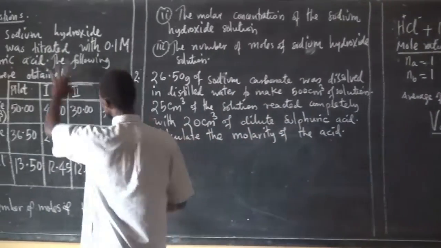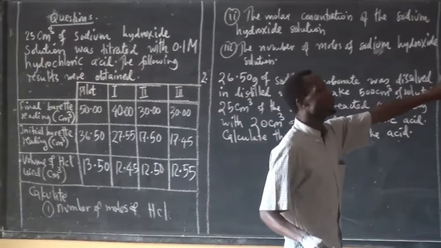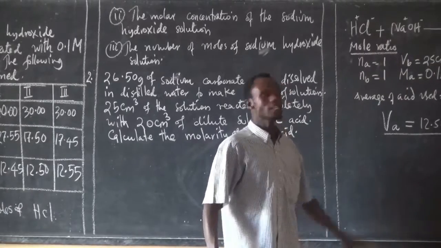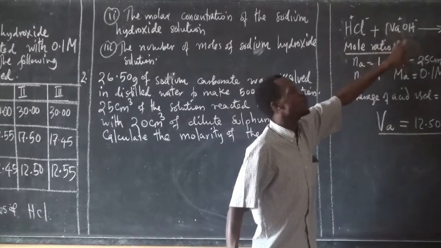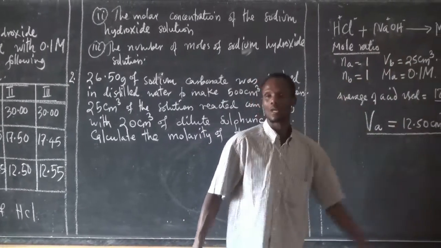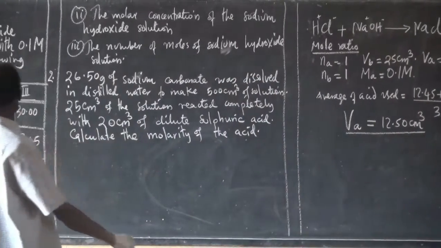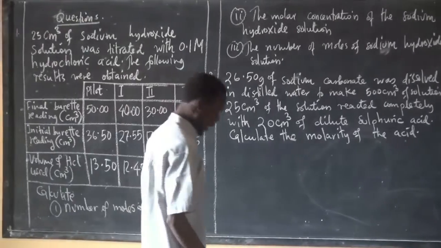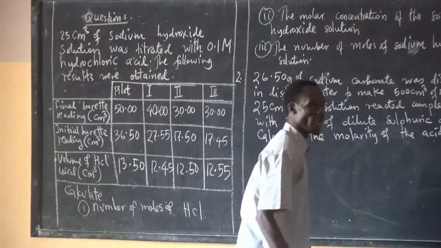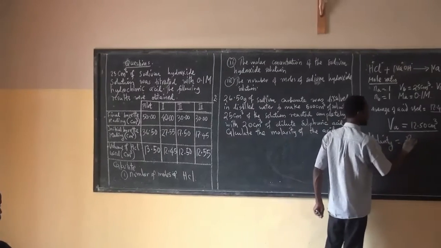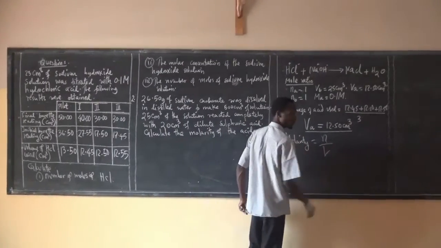Now, after that, these are what we term the data of our question. These are what we call what we have been given from the question. Now the question is to determine the number of mole of hydrochloric acid. Remember, molarity is equal to number of mole over volume.